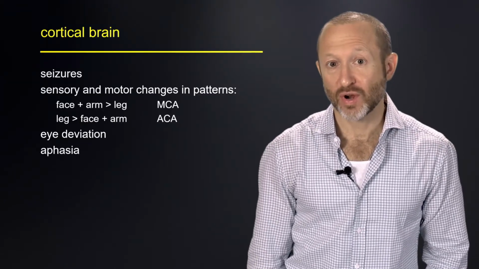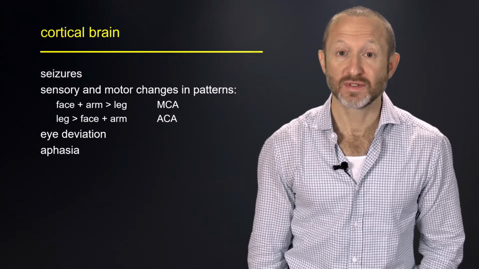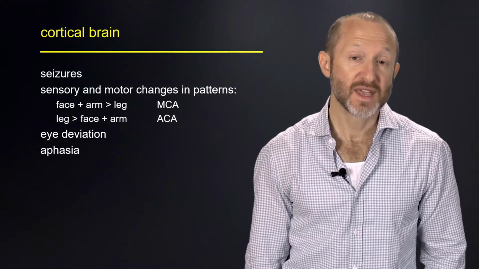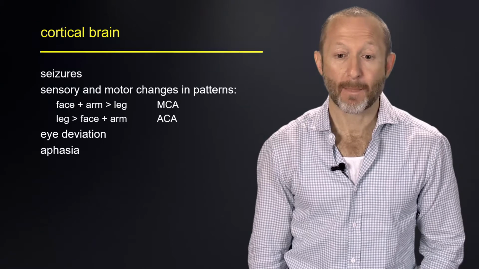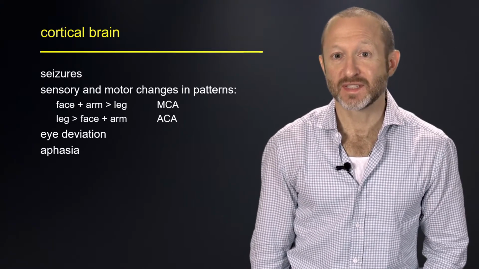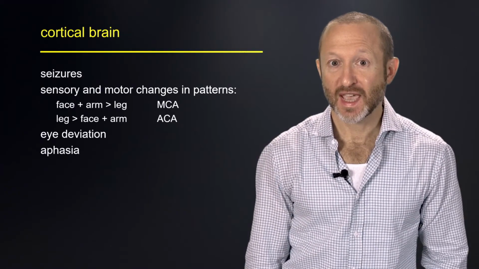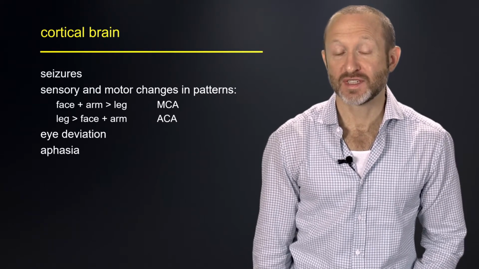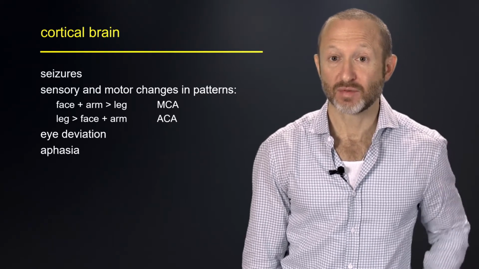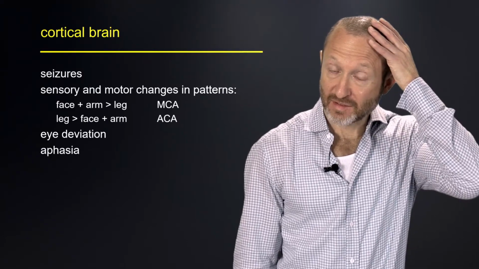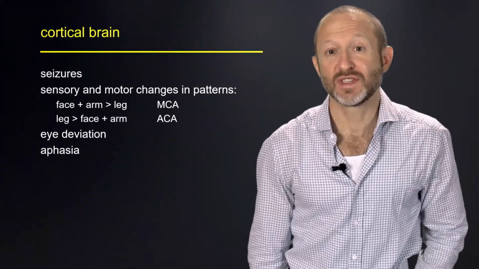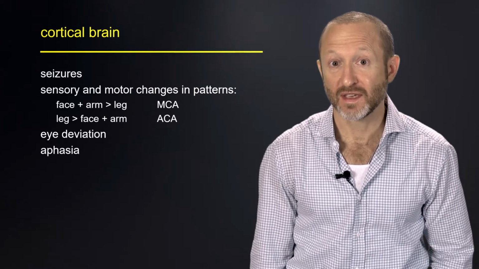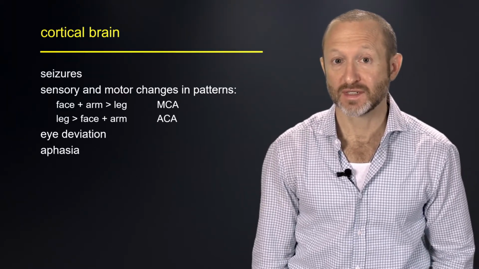So lesions of the cortical brain, therefore, classically produce seizures, because irritations of the cortex of the brain tend to produce epileptic seizures. We'd expect to see sensory changes and motor changes in expected distributions. We often use vascular lesions to exemplify this. The middle cerebral artery feeds the lateral convexity of the brain, for example, and so lesions of the middle cerebral artery classically produce face and arm more than leg, sensory and motor changes.